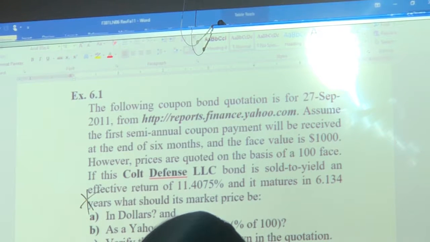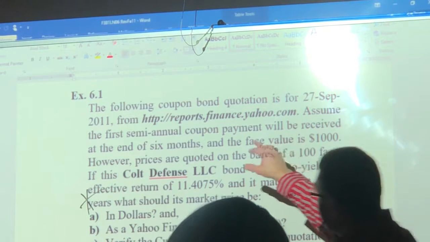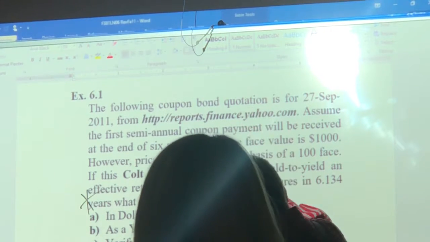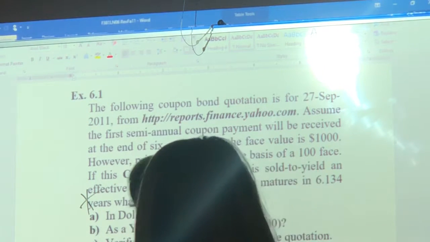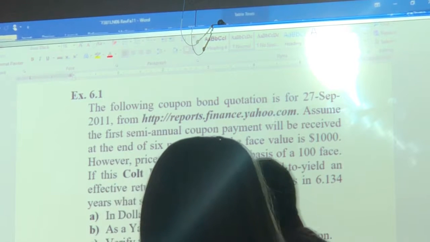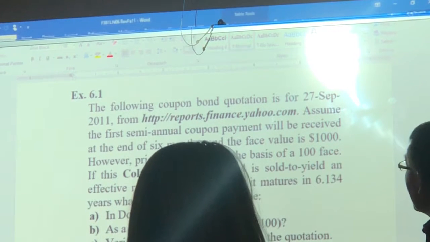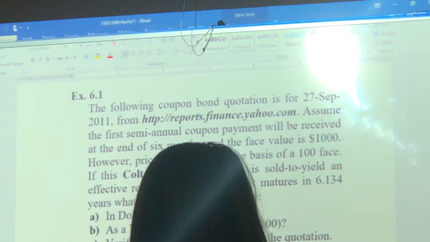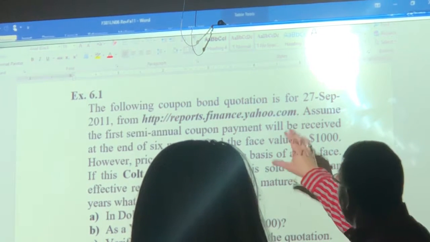The source, if you go on Yahoo Finance, look this up, you may find it, I don't know, they're always updating the website, and so it seems to be harder and harder to find the bond prices, but whatever.